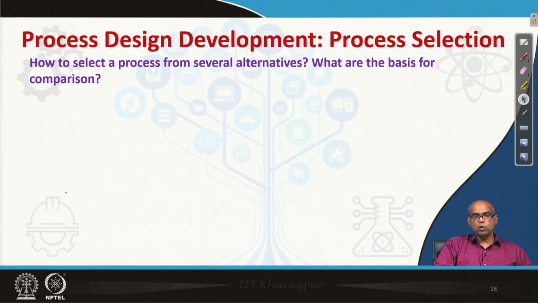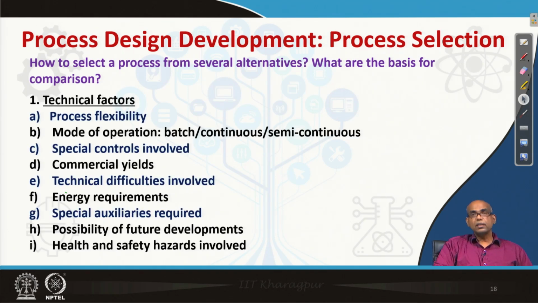So, how to select a process from several alternatives? What will be the basis for comparison? You are creating processes, you have created many alternatives. So, how will you select a process from several alternatives? Again, there will be several factors. There will be some technical factors, there will be some other factors.